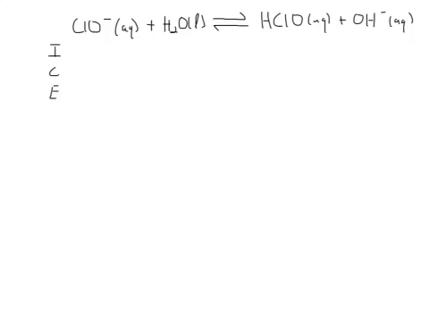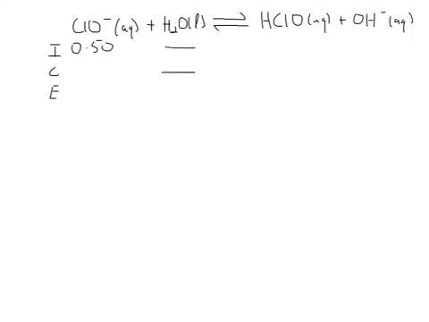Alright, so I've already written out the equation. If we're thinking about ClO- acting like a base, the equation is the base plus water forms the conjugate acid plus hydroxide. If I can determine the concentration of the hydroxide ions, then it's easy to determine the pH from that point. So if I fill in my ice table, we said on the previous slide that the initial concentration of ClO- is 0.5 molar.